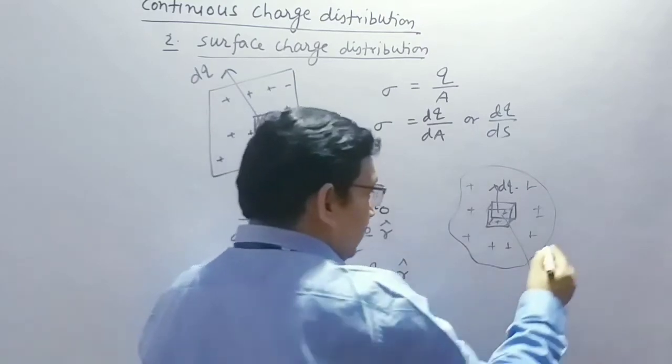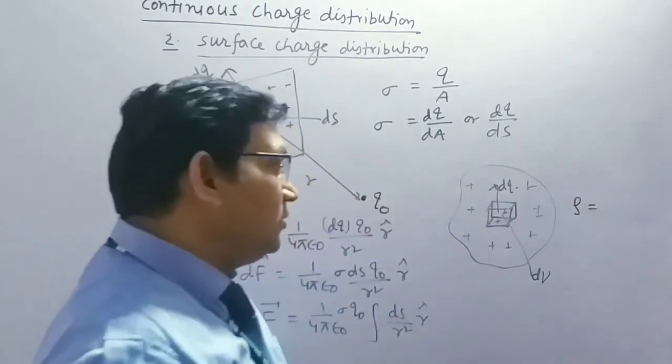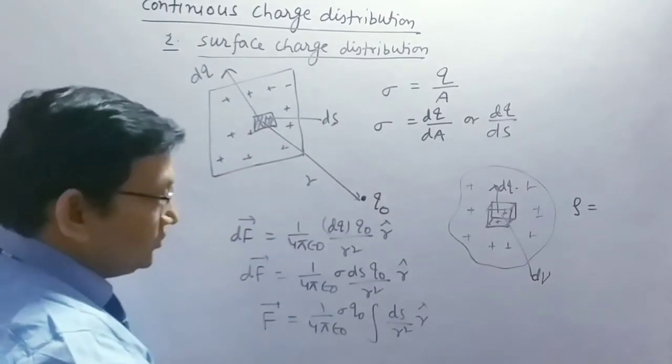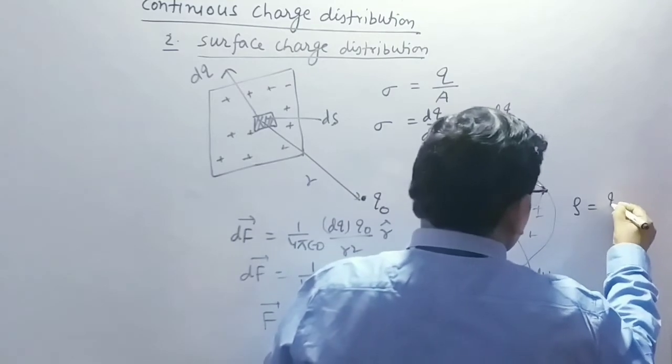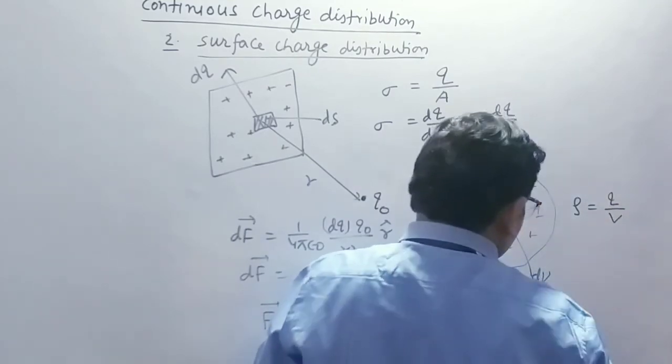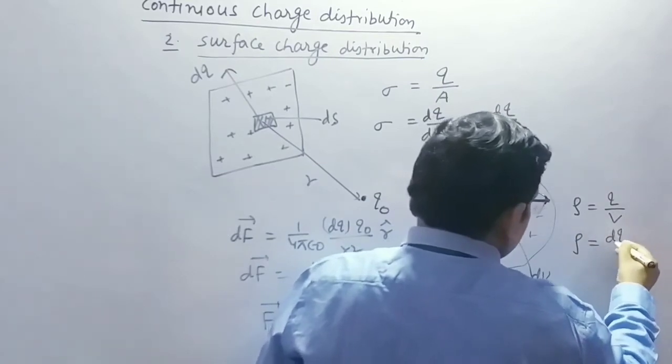Here we are defining a term rho called volume charge density, defined as total charge per unit volume. If charge is uniformly distributed, rho can be written as dq by dV.